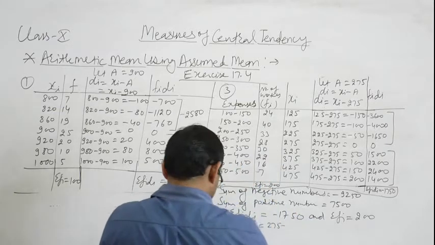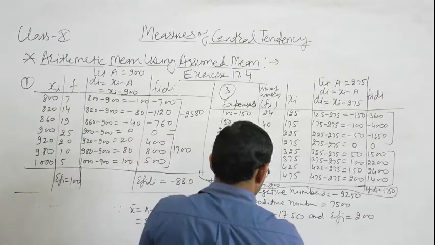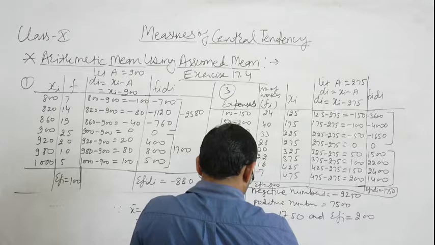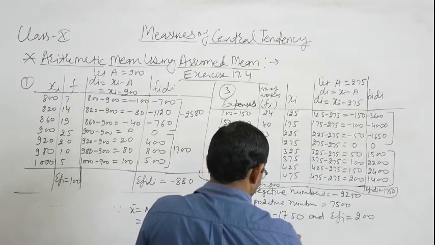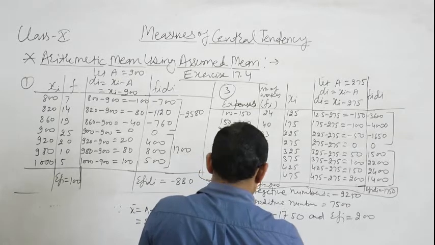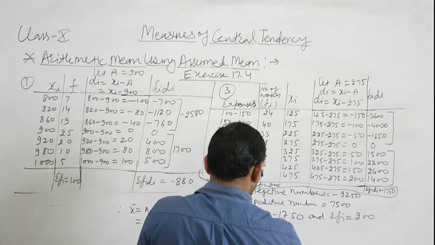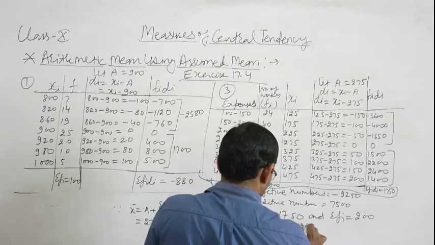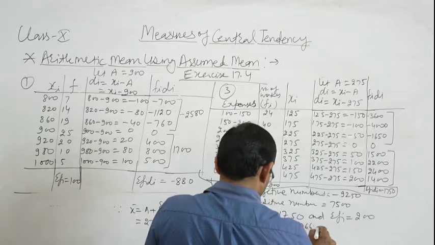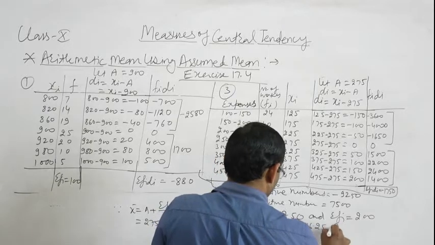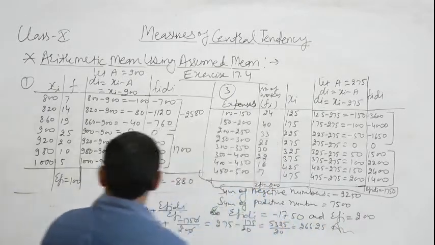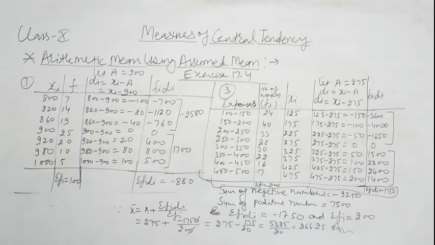By using LCM we get 5325 divided by 20, that is 266.25. This is the arithmetic mean.